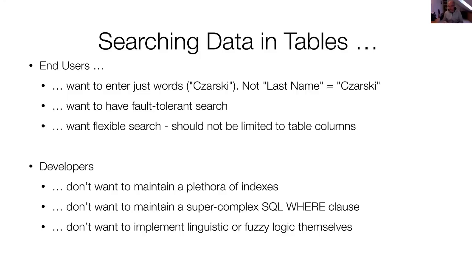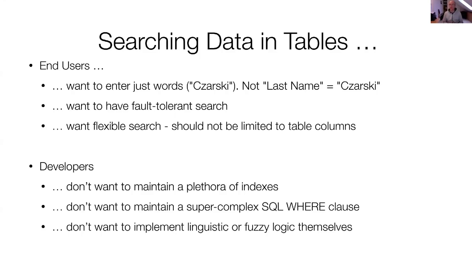We might be 1 or perhaps 2 developers. However, we have Apex and the Oracle database, and that's good for a lot. So end users just want to enter words. They don't want to specify that the order number is 4711 and the customer last name is Zarsky. They just want to type Zarsky 4711 and see an order.